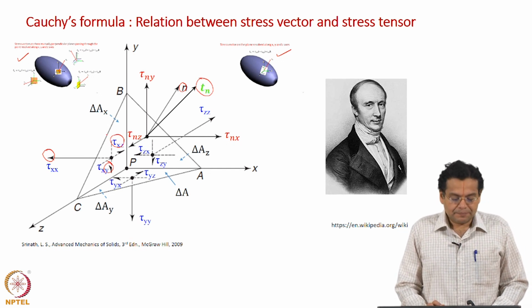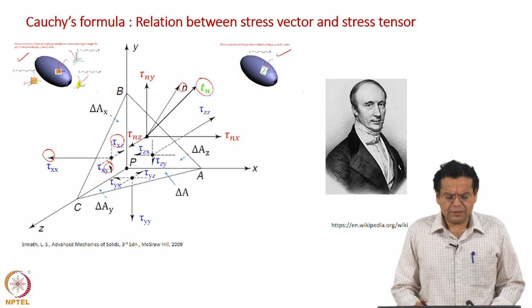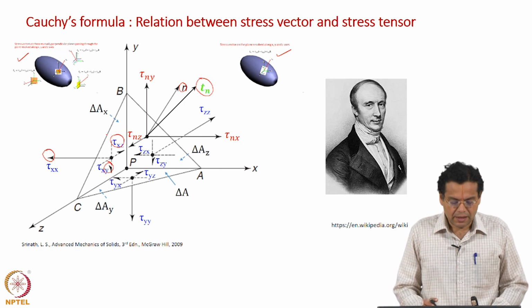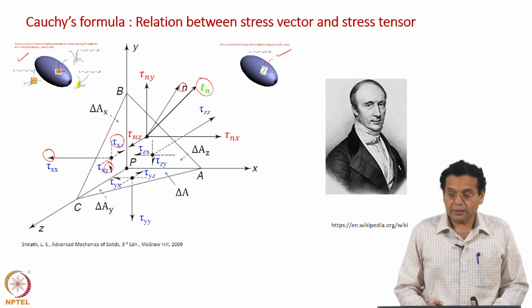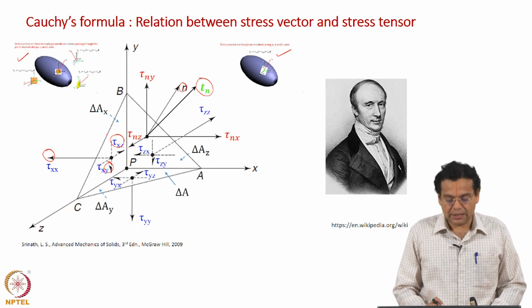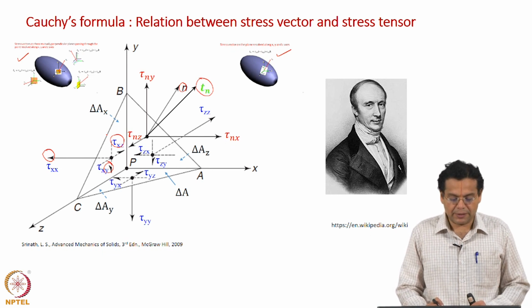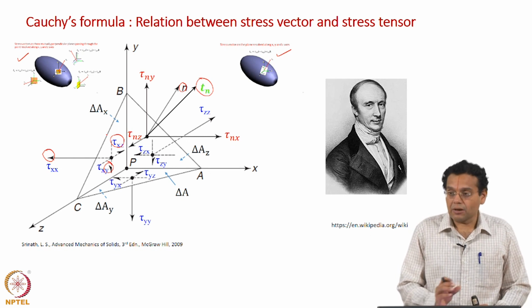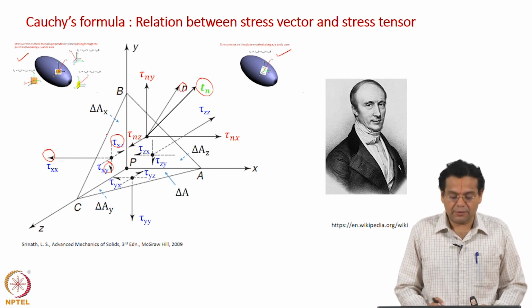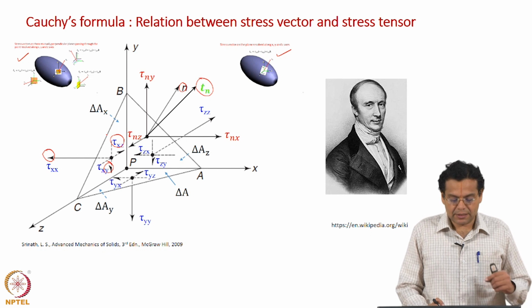We always show them in terms of a positive sense. Now, similarly you have the plane A, P and then C. The components of stress vector acting on that plane are shown, tau yx, tau yy, tau yz. Once again all arrows are shown towards the negative axis.